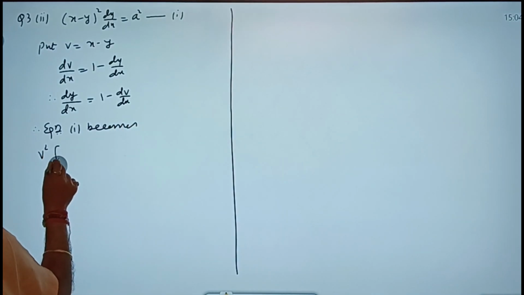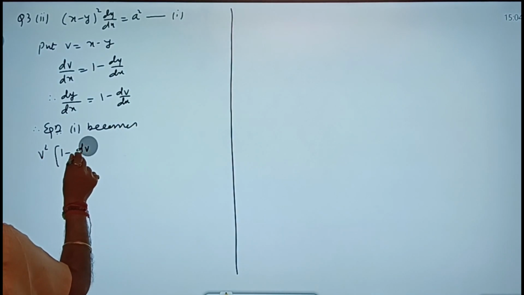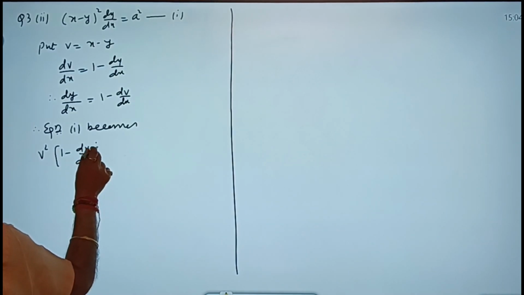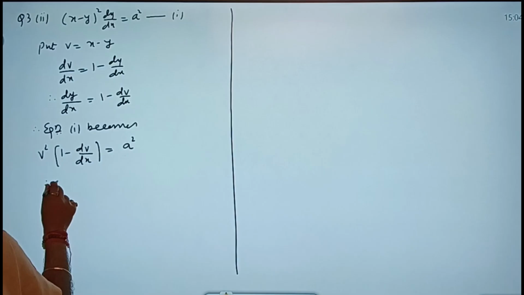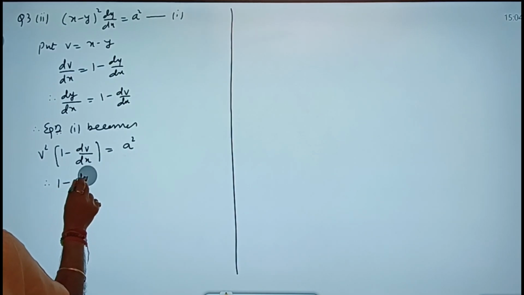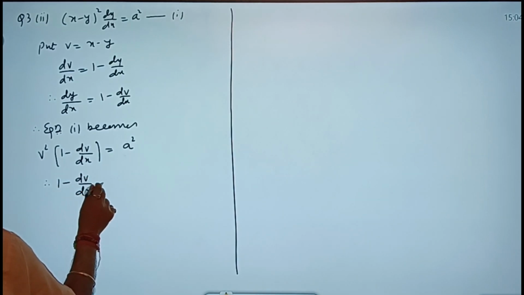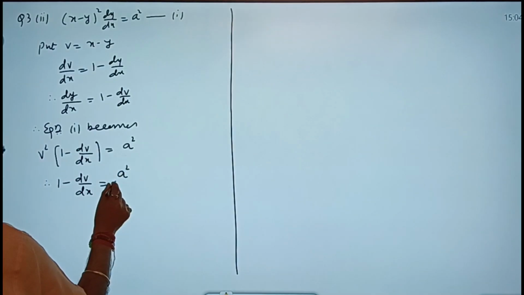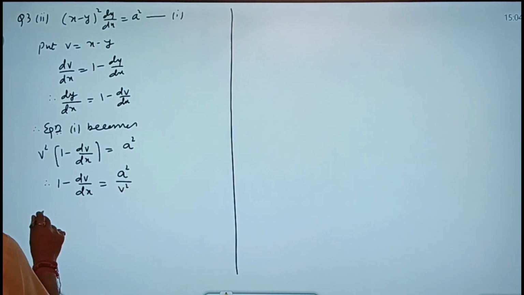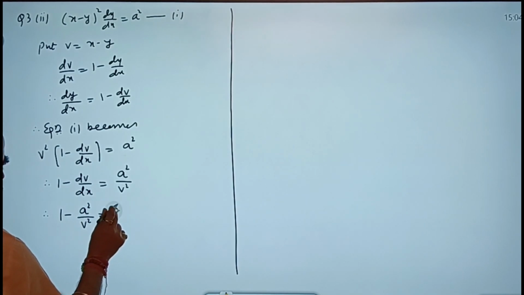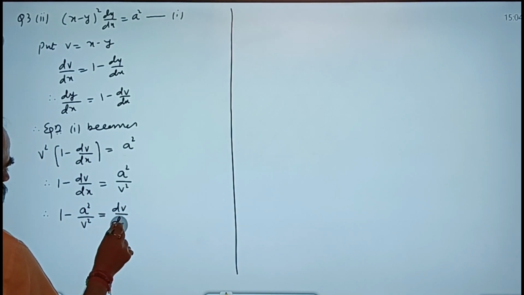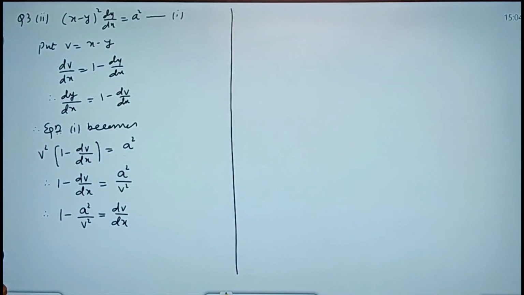v square into bracket 1 minus dv by dx is equal to a square. So 1 minus dv by dx is equal to a square upon v square. 1 minus a square upon v square is equal to dv by dx.